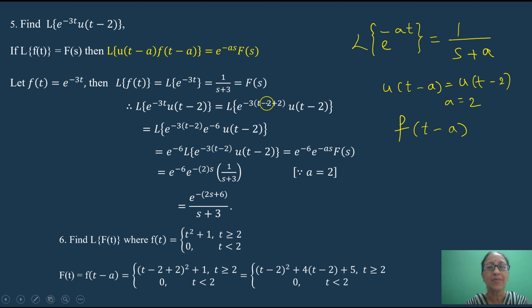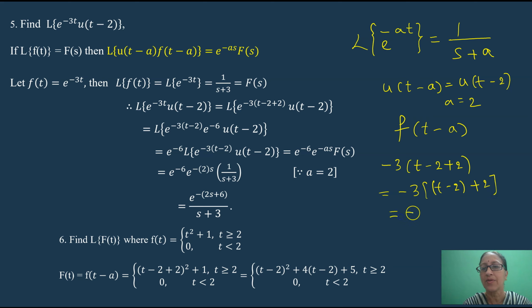Now this can be written as e power minus 3 into t minus 2 plus minus 3 into 2, or minus 3 into t minus 2 plus 2, which is equal to minus 3 into t minus 2 minus 6.